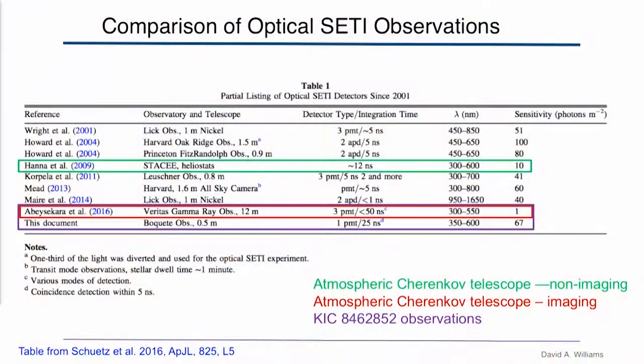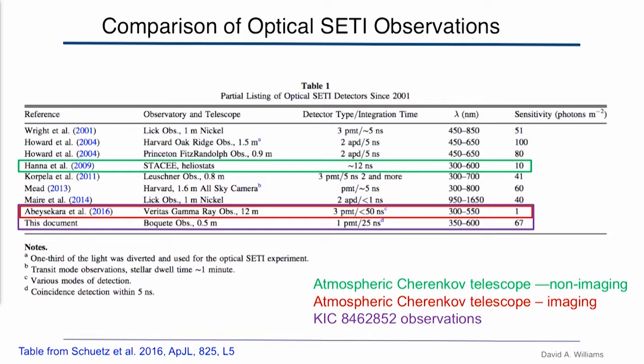This table from Schutz et al. 2016 summarizes some of the recent optical SETI observations, and in particular, their sensitivity in terms of photons per square meter in this last column. The searches that use 1 meter class telescopes typically obtain sensitivities that are of order 50 photons per square meter.